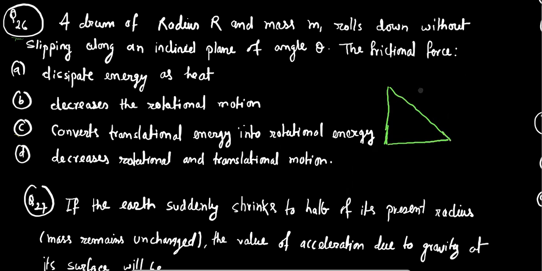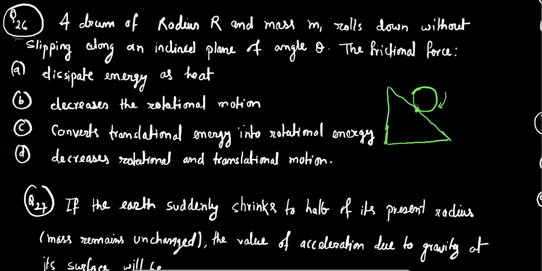The question mentions that a drum is rolling without slipping, which means the frictional force acting between the inclined surface and this drum tries to maintain the rotational motion of the drum.